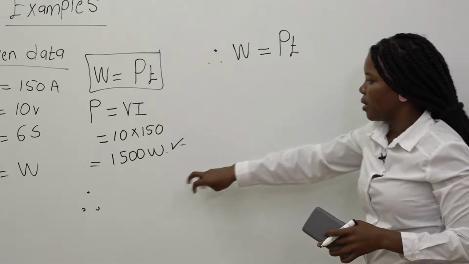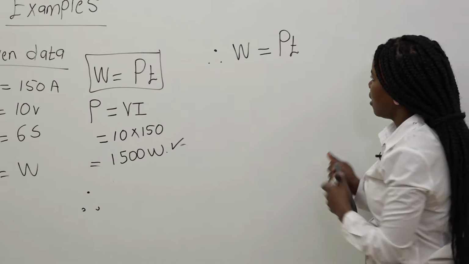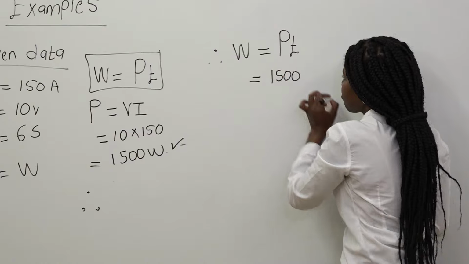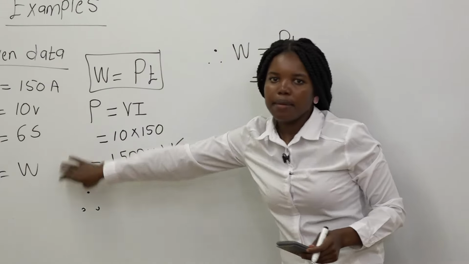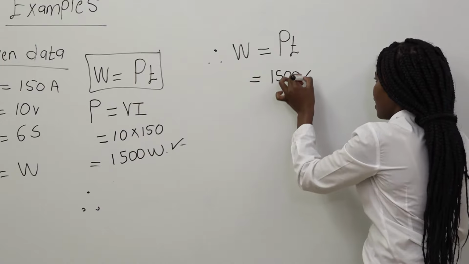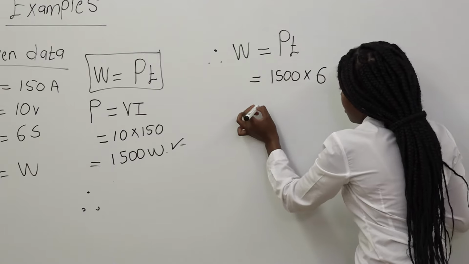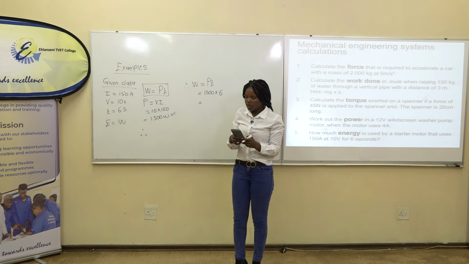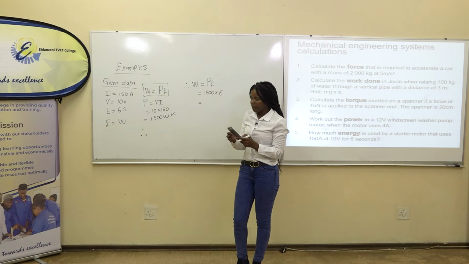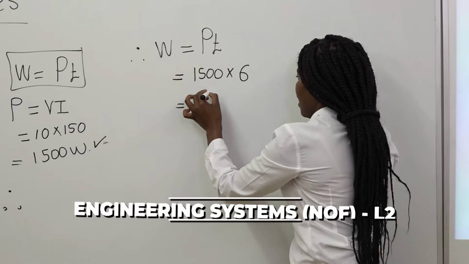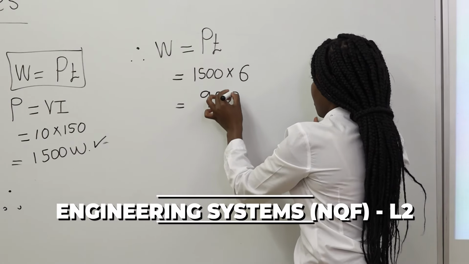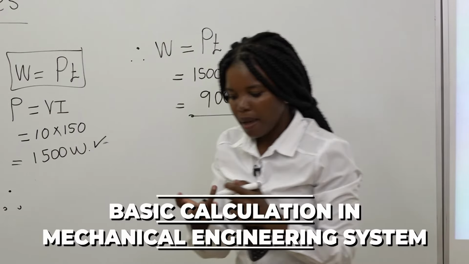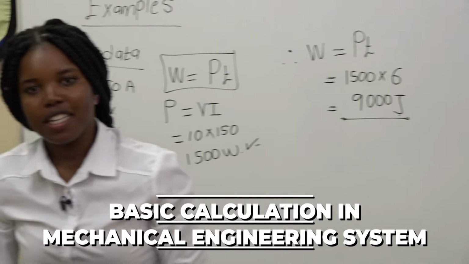Our P is 1,500 watts, and our time is given as 6 seconds. Therefore, we say 1,500, which is our power, multiplied by the time, and we get 9,000 joules. Remember, we are calculating the energy and it's measured in joules.